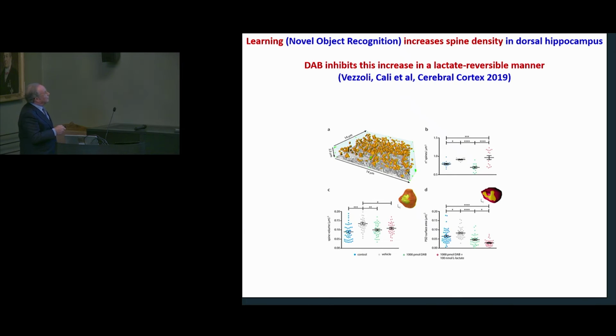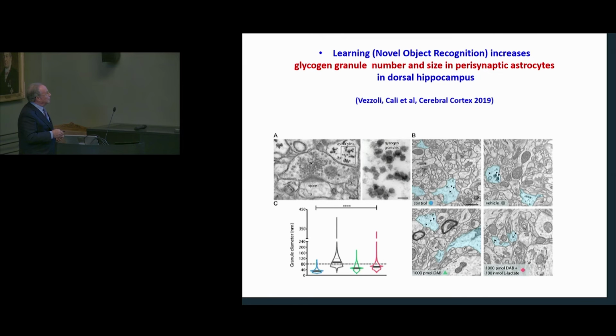Following up on this, Corrado and some colleagues in Milano looked at a particular type of learning, novel object recognition. You see here the number of spines per cubic millimeter, and something that was known actually, but there are not that many papers if you look closely: there is an increase in the number and also in the volume of dendritic spines after learning.